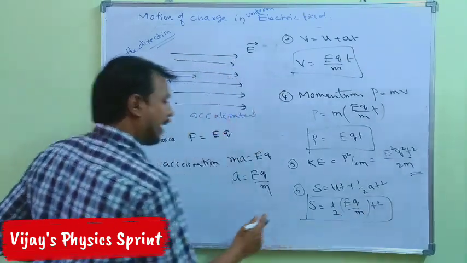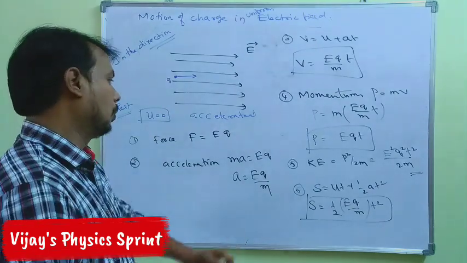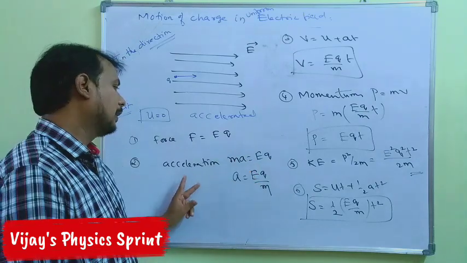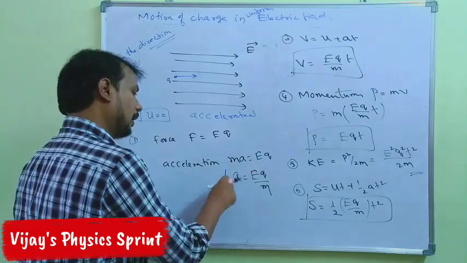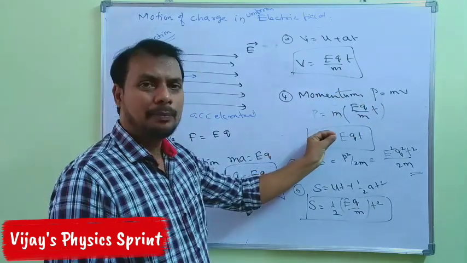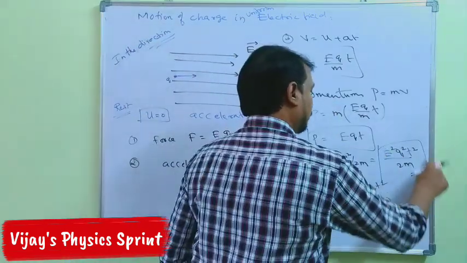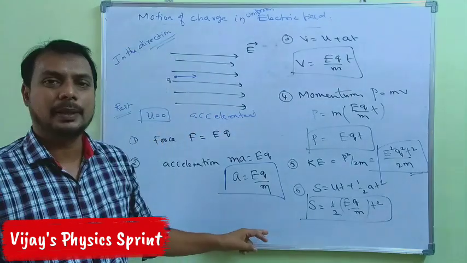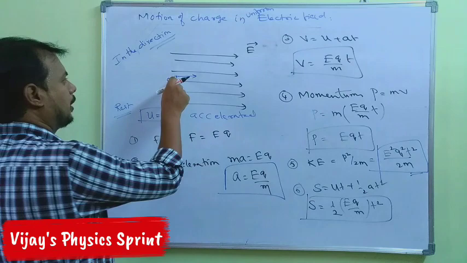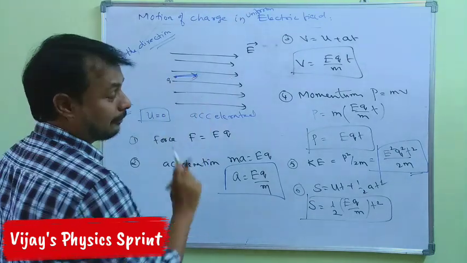So this is the distance traveled by the charge. So the force acting on the charge F is equal to EQ, acceleration EQ by m. Final velocity, momentum, kinetic energy, and this is the distance traveled by the charge in the uniform electric field when the charge is in the direction of the electric field.